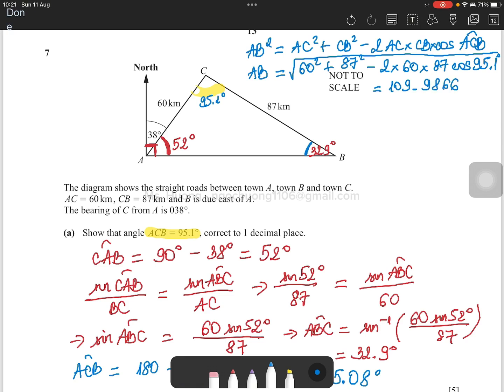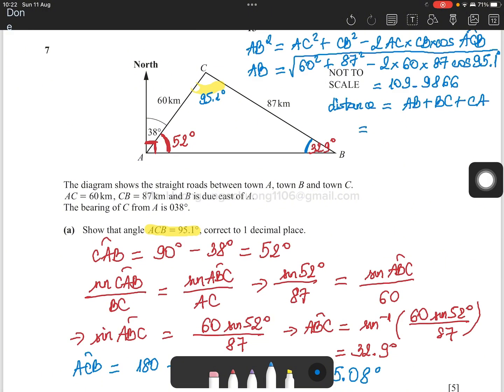Then we want to find the total distance. The total distance is equal to AB plus BC plus CA. So AB is 109.9866, BC is 87, and CA is 60 kilometers.